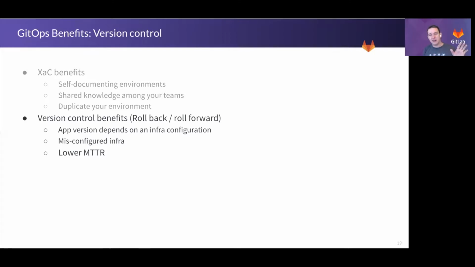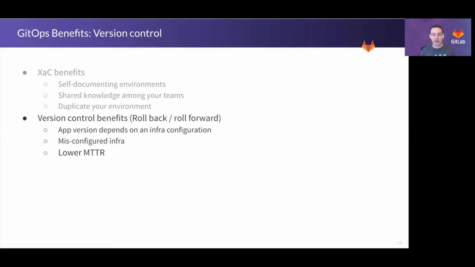It wasn't as efficient. Well, if you don't have the ability to roll back your infrastructure at the same time, and you deploy that new application where there's not enough resources, now you're going to crash the whole environment. So this ability to version your infrastructure alongside your application and have those move along depending on the needs of each, it's really powerful.